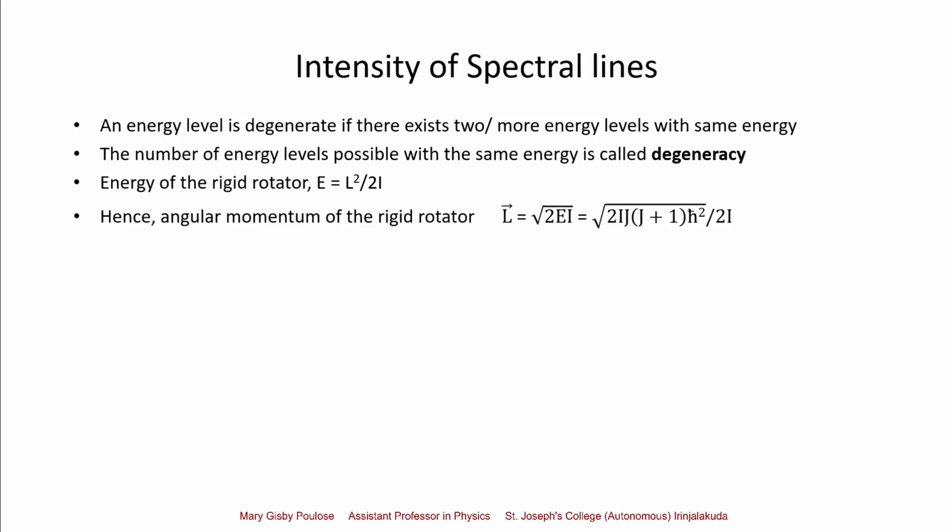Now let us substitute for energy E. Then this expression becomes square root of 2I into J into J plus 1 h cut squared by 2I. So 2I cancels out and we get angular momentum is equal to square root of J into J plus 1 into h cut. So here we can see that angular momentum has the unit of h cut.